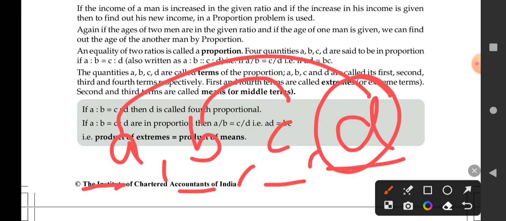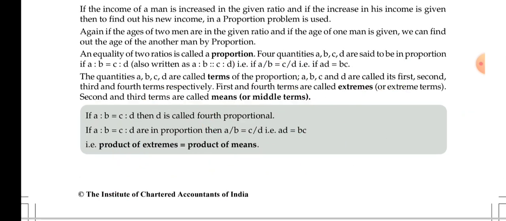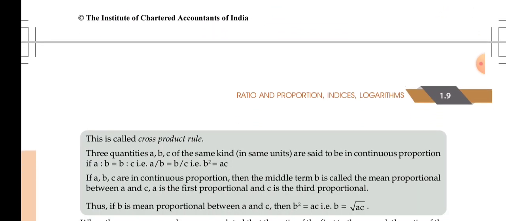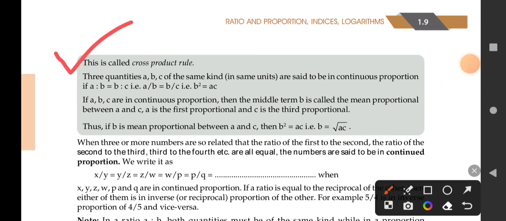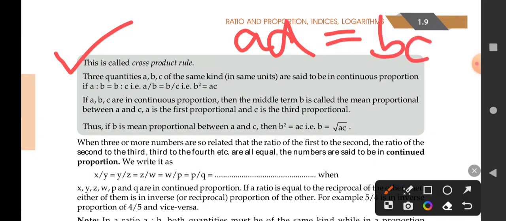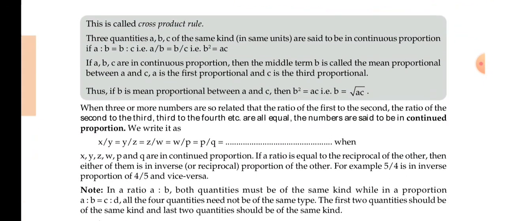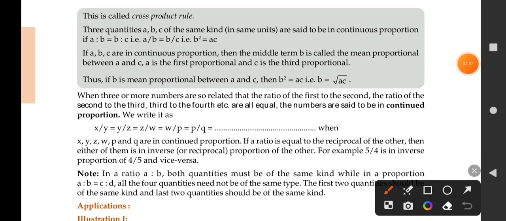D is the fourth proportional and they have the property: product of extremes is equal to product of means. This rule is known as the cross product rule. If in the exam you are asked what the cross product rule is, you should be able to write the answer as A into D is equal to B into C. There will be questions asked on this rule.